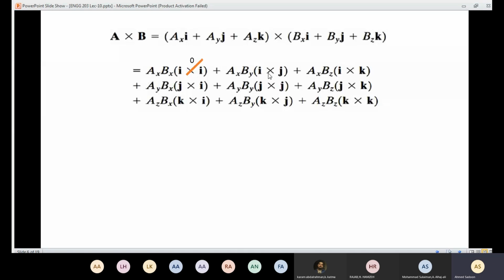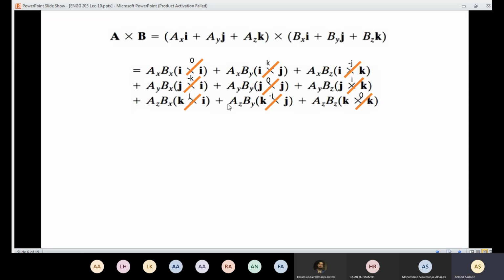We said that I cross j will yield k. So instead of this, I'm going to get the unit vector k. Here I have I cross k. I'm going to get minus j. And I have here j cross I. I'm going to get minus k. And here j cross j, I'm going to get 0. Here I have j cross k. I'm going to get I. Similarly, here I'm going to get j and minus I and 0.